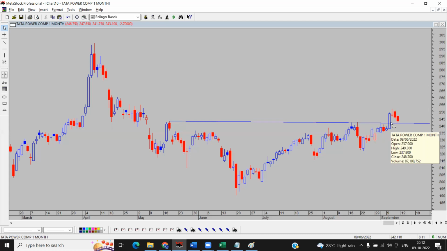And thereafter it went up for 2 days, then came back to the breakout level again. This particular terminology is called the pullback.